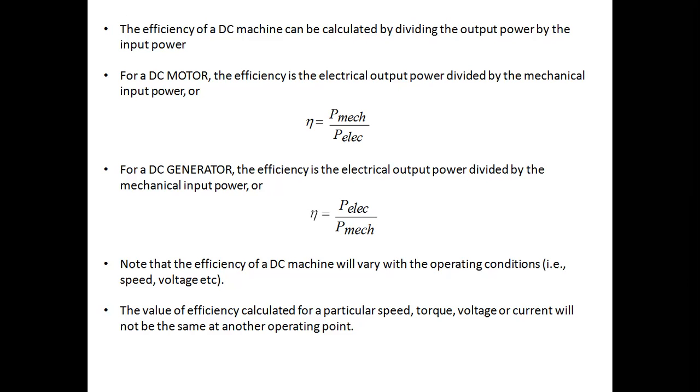Again, we are using the back EMF concept for the DC motor, and for the DC generator we are using generated EMF. So the voltage across the armature will be V equal to EB plus IA RA, or you can take E equal to. Again we will require EB equal to N P phi upon 60 into Z by A. These equations you will require.